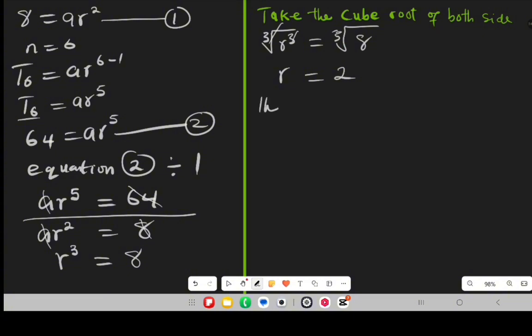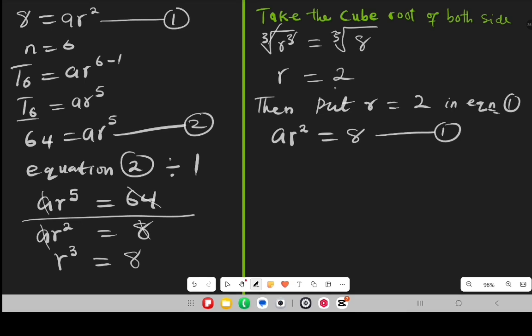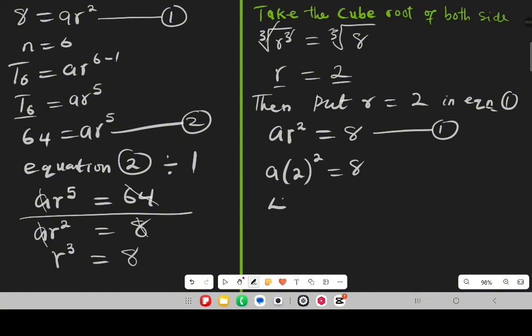Then we put r equal to 2 in equation 1 above. In equation 1, we have a r raised to the power of 2 equal to 8. When we put 2 in place of r, we have a times 2 raised to the power of 2 equals 8. 2 squared gives us 4, which is 4a equals 8.